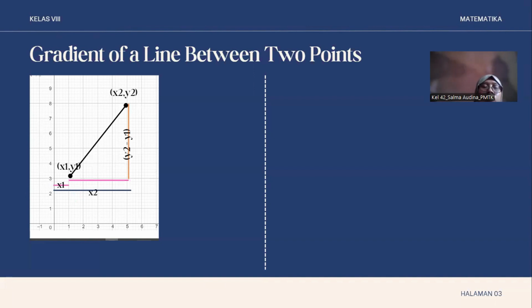Here, we represent it by the second pink line, because the blue line is x2 and the first pink line is x1, so the length of the second pink line is x2 minus x1. So the horizontal distance from the first point to the second point is x2 minus x1.